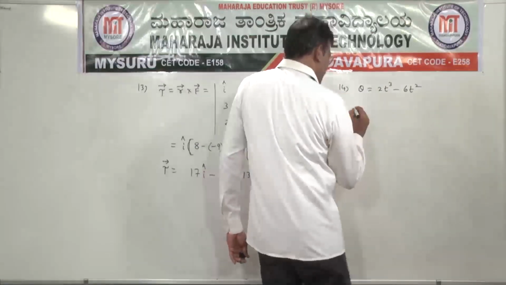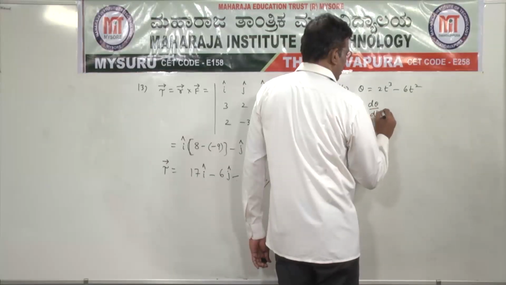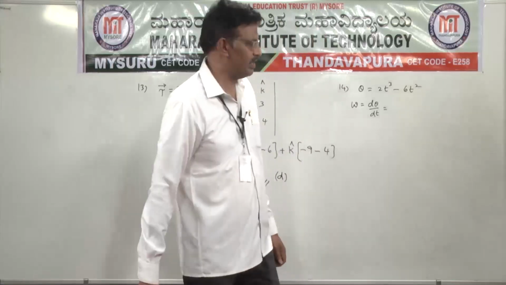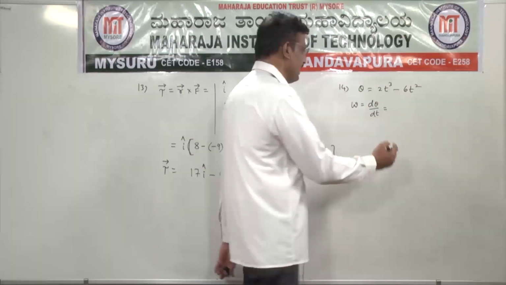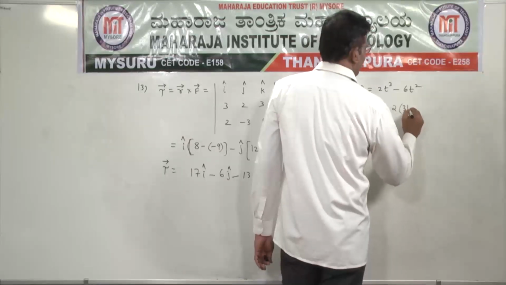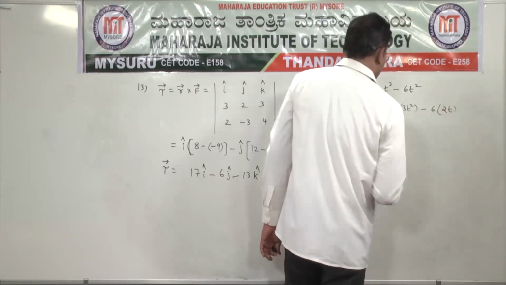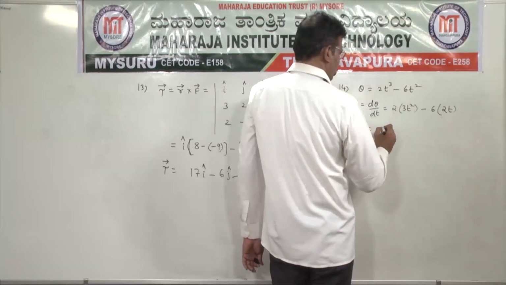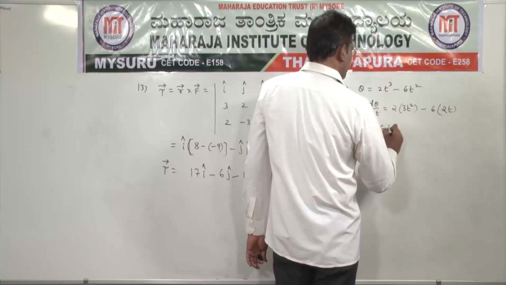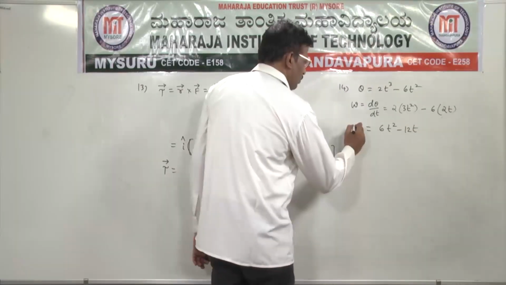See, first we differentiate with respect to time. We will get angular velocity. Omega is equal to d theta by dt. By differentiating, 2 into 3t square minus 6 into 2t, that is equal to 6t square minus 12t, that is omega.